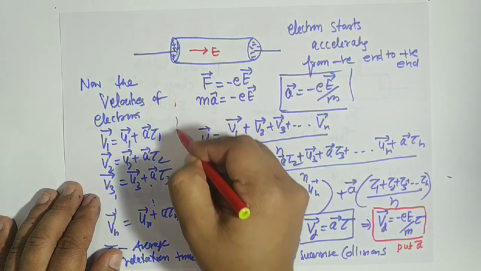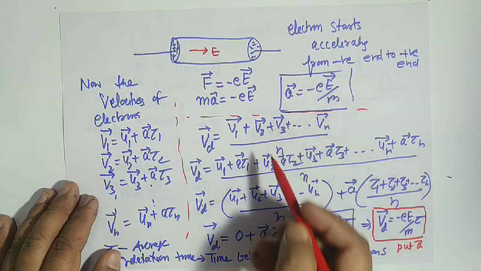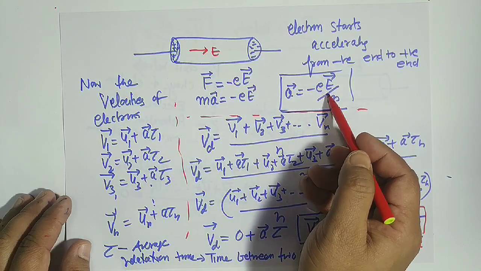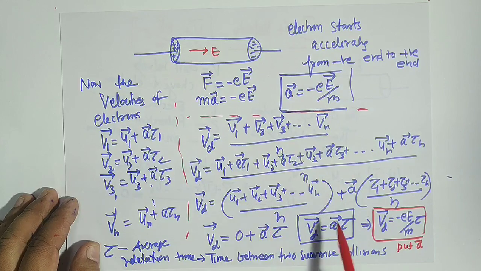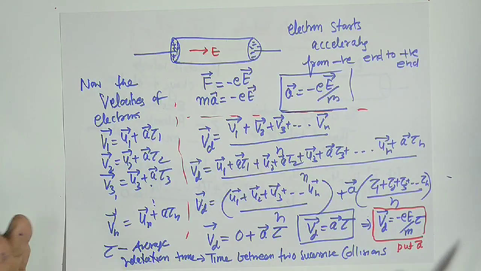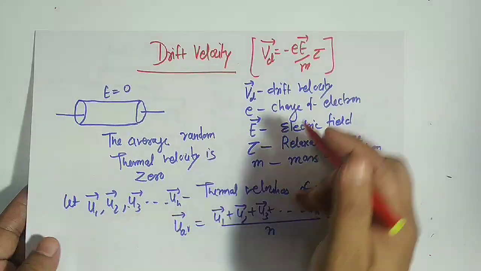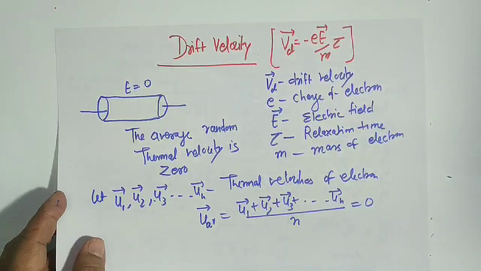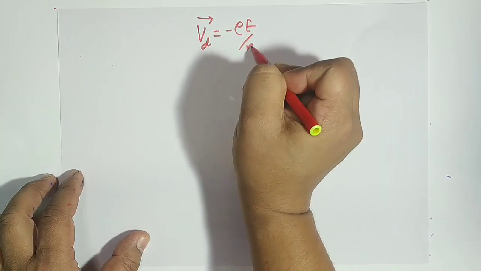So how did we get the drift velocity? This is the force, and then this is the acceleration, then there is velocity, and then drift velocity is the average, and this is the final expression for the drift velocity of the electron. Very important part, how we get drift velocity: Vd is equal to minus eE by m into tau.